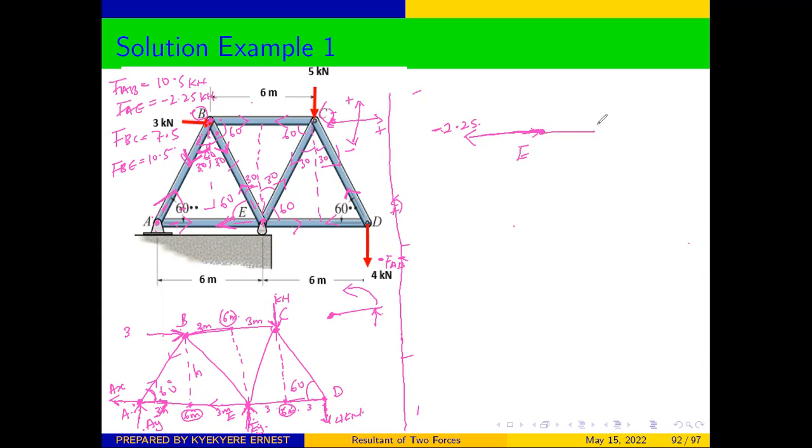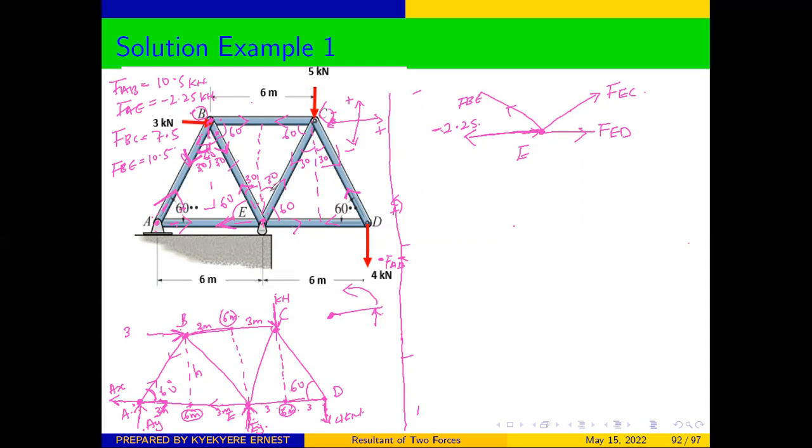Our FED, this is force FED, moving that direction. And then we have our force moving up here. This force is FEC. And we also have another force from E to B, and we have already calculated that. So we can call it FBE, moving that direction.